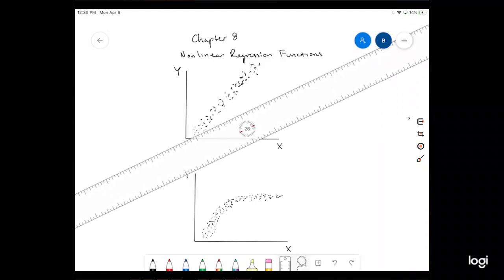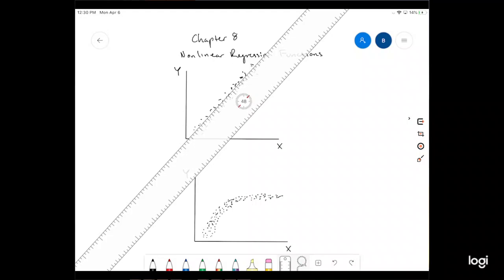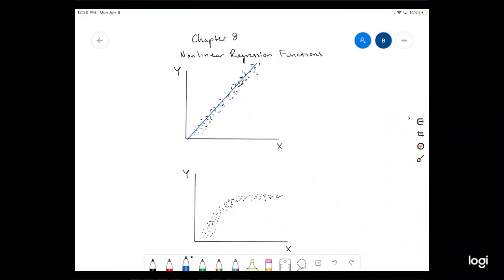So if we put our best fit line here, suppose we estimated a regression model on this data, the best fit would look something like that. So that would be our estimate of y hat equals beta hat 0 plus beta hat 1 x.